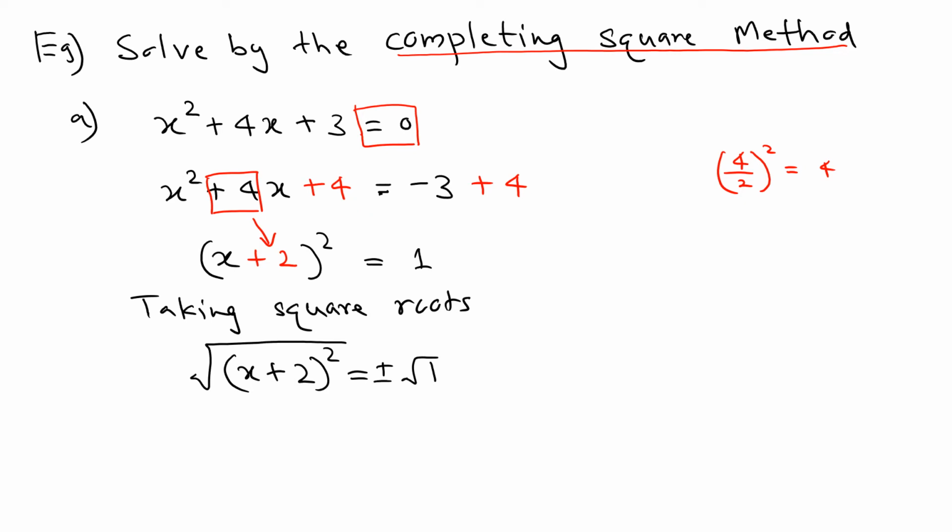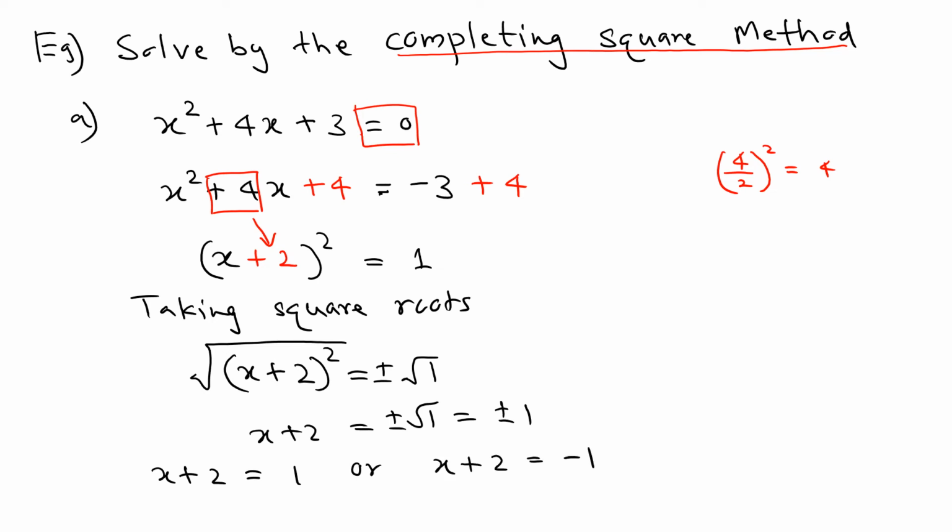This simplifies, because the square root of a square gives x plus 2 here, and the other side plus or minus 1, the square root of 1 being 1. So we can consider two cases. One case with the plus sign, x plus 2 equals 1, or x plus 2 equals negative 1.